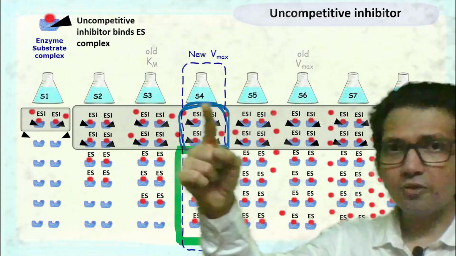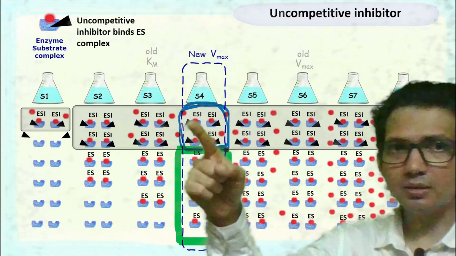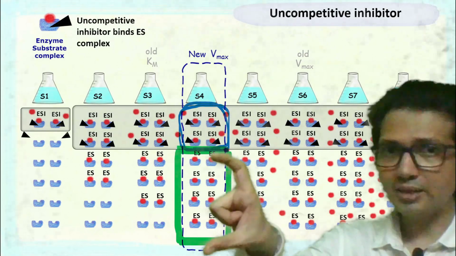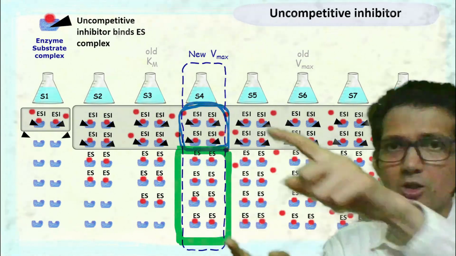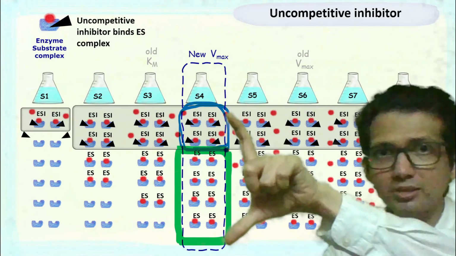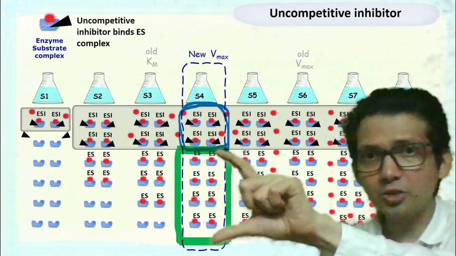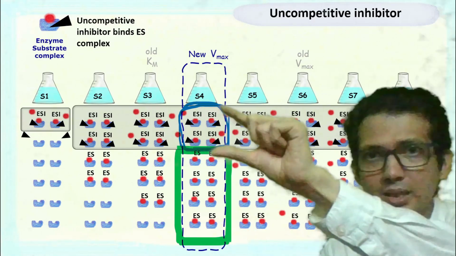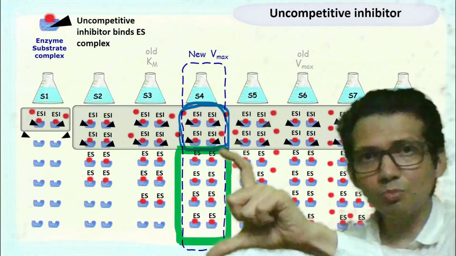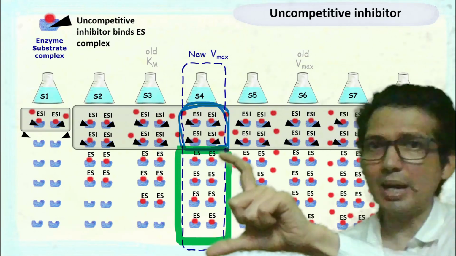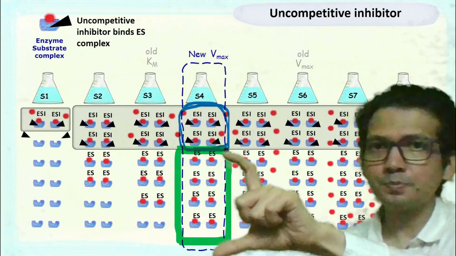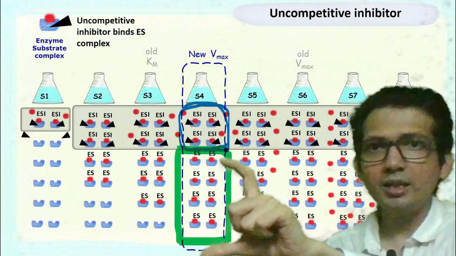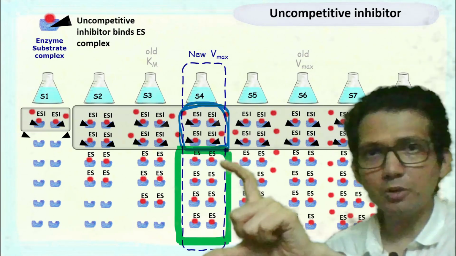So because of this inhibition, the value of Vmax has decreased. So instead of having this much big Vmax, we have only this much Vmax. Since this is inhibited, only these many ES molecules will give us maximum velocity. So in presence of uncompetitive inhibitor, the value of Vmax will decrease.